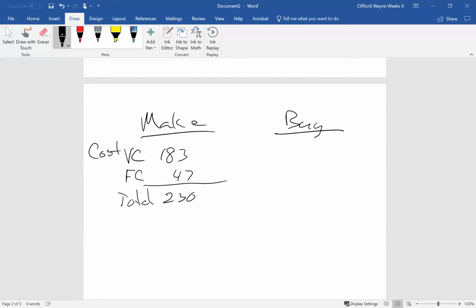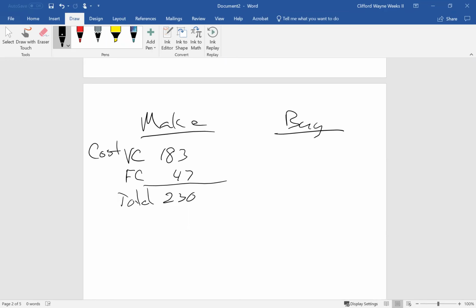And so it says a proposal is offered to purchase bread from an outside source for $180 plus $18 for a total cost of, what is that? Yeah, kind of pathetic, huh?